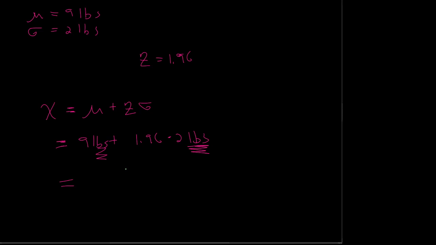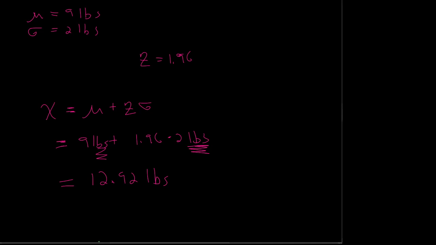And so 2 times 1.96, I'm just going to punch this in on the calculator. And I get 12.92 pounds. So a cat with a z-score of 1.96 is going to be 12.92 pounds, right? A positive z-score should be on the larger side.